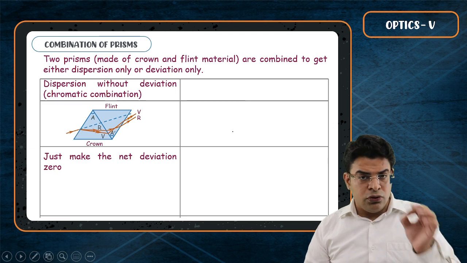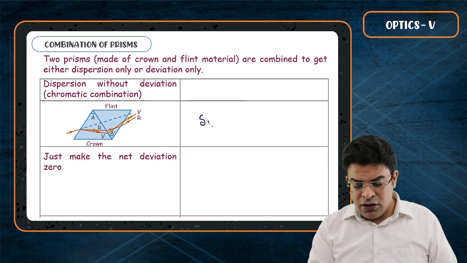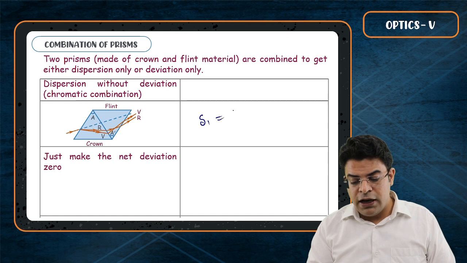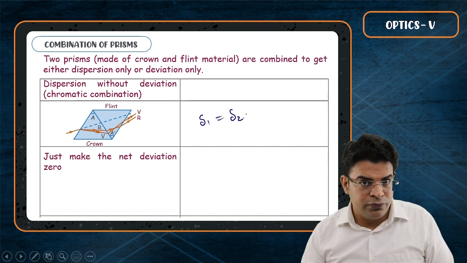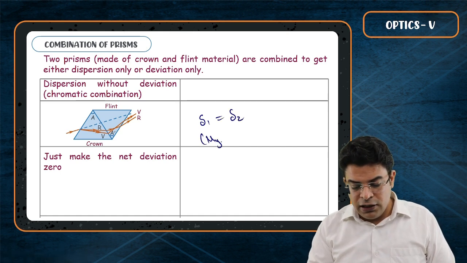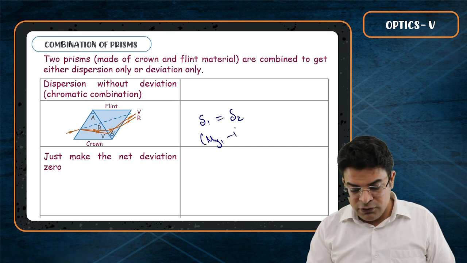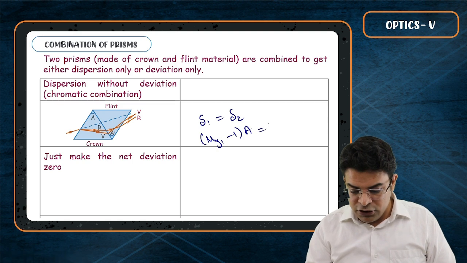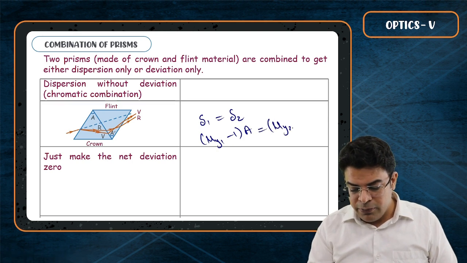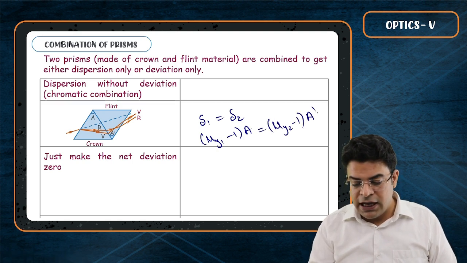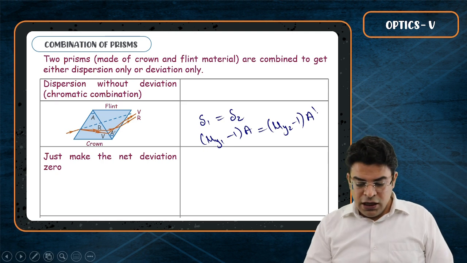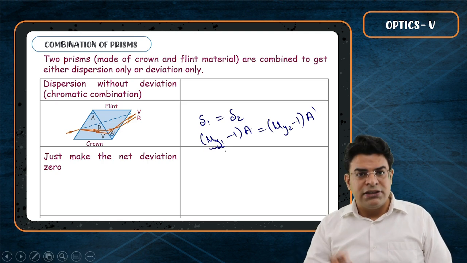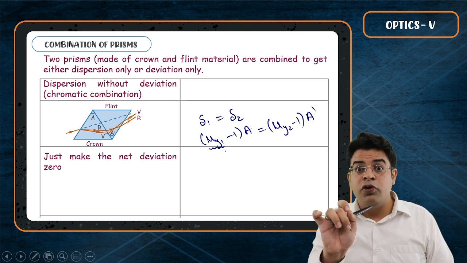So the deviation of the first prism should be equal and opposite to the deviation of the second prism. So mu yellow for the first prism minus 1 into the apex angle A equals mu yellow for the second prism minus 1 into A dash. In place of mu yellow, you can substitute mu red plus mu violet by 2.